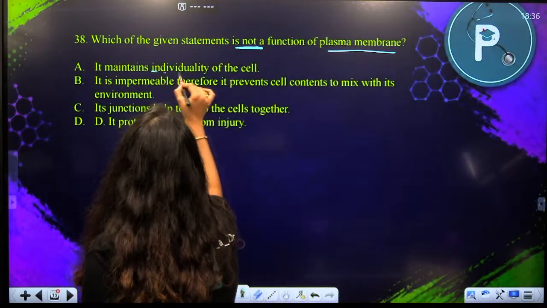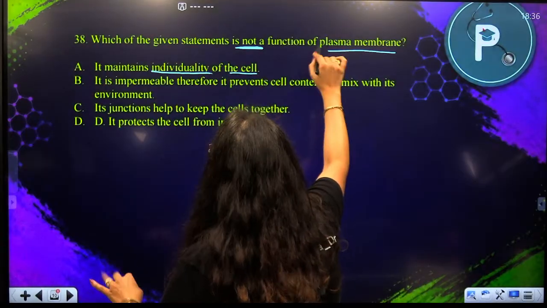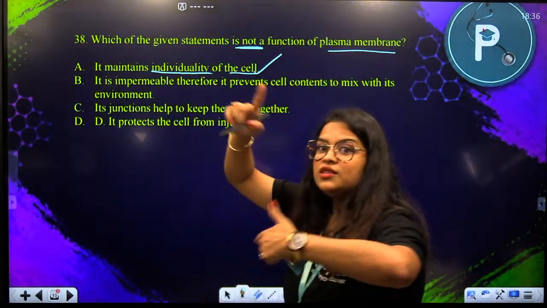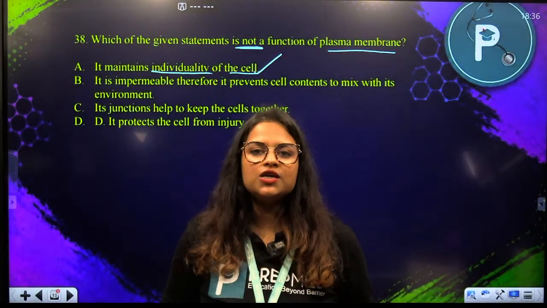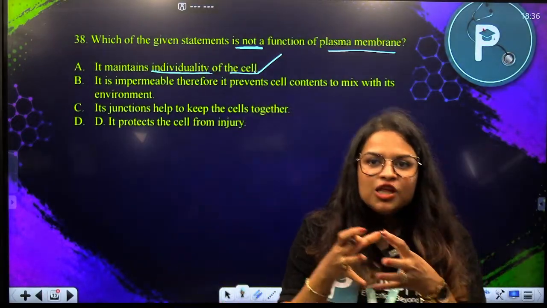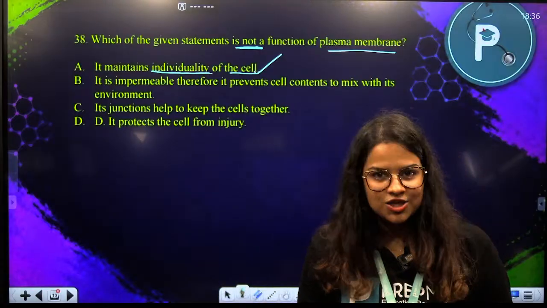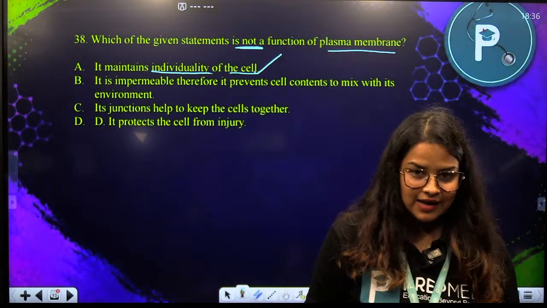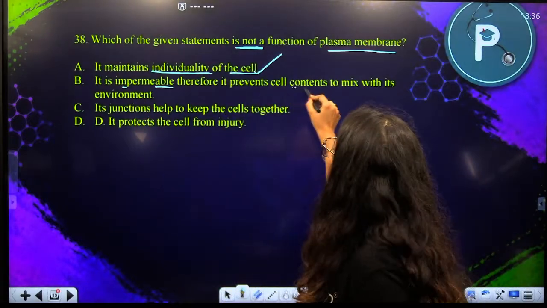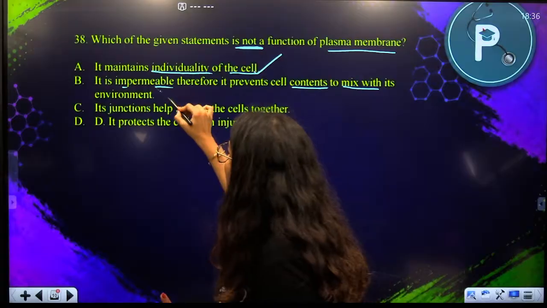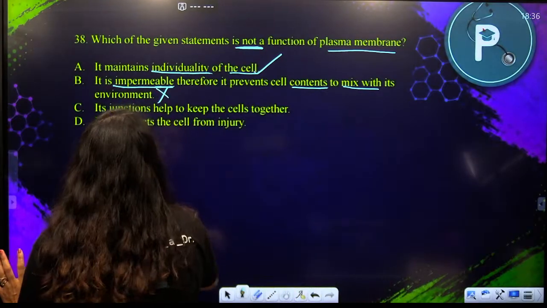All right, let's see now. It maintains individuality of the cell. Of course, every cell has a boundary, and the plasma membrane is maintaining the boundary and keeping the integrity of a cell intact. Followed by: it is impermeable, therefore it prevents cell content from mixing with its environment. No, it is not impermeable. This is wrong.